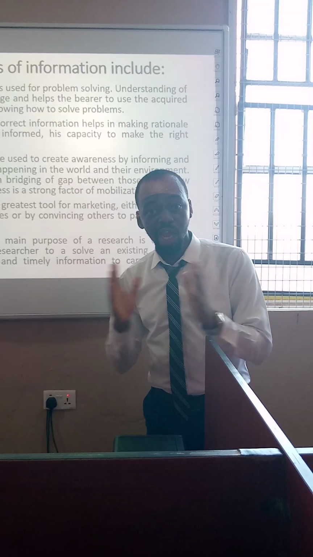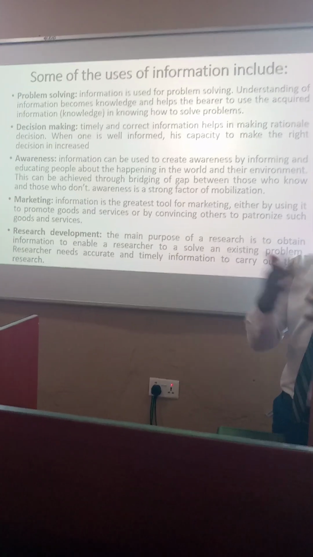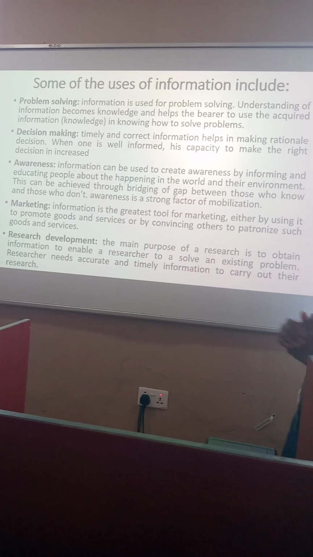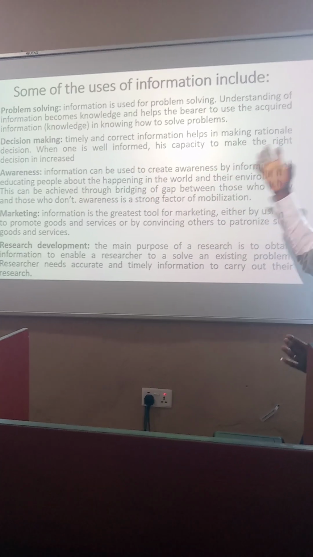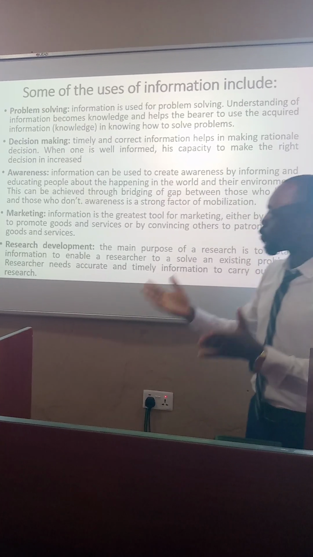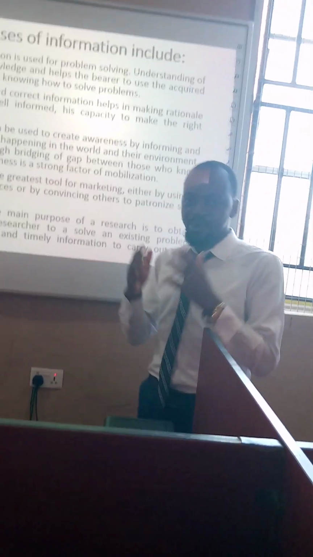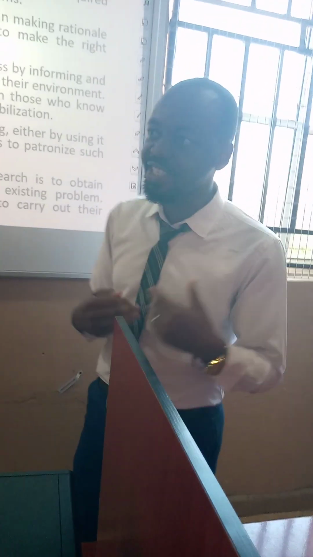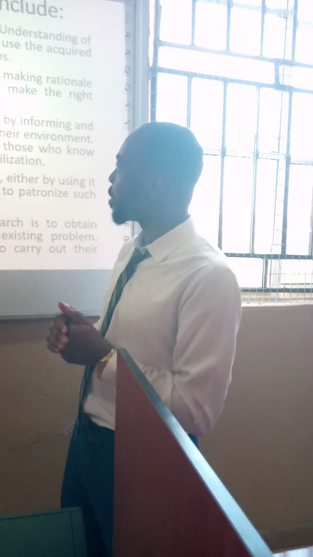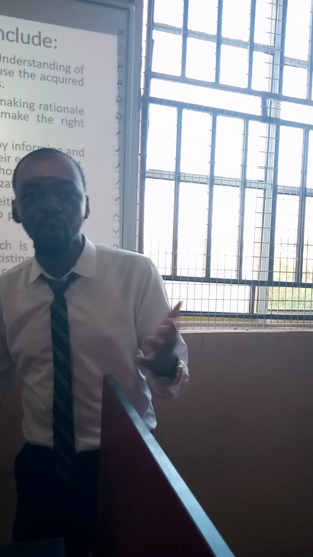Well, what are the uses of information? Generally, information helps us to solve problems. When you know something, you can solve a problem. You can easily make decisions. It aids you to make the correct decision based on what you have. Awareness, yes. When you have the right information, you are aware of different things around you, and you can bridge the gaps between those who know and those who don't know.